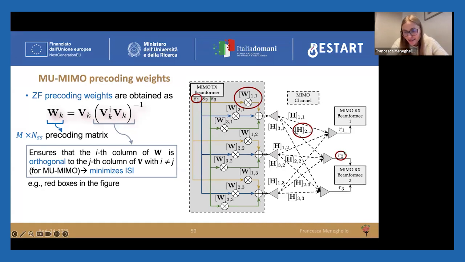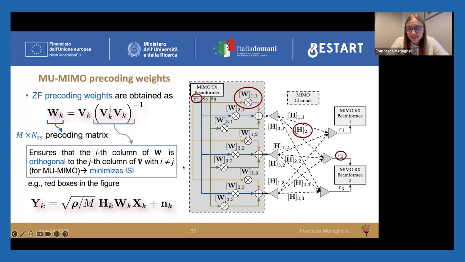So at the end, here R2 will have a minimal contribution from this path. So W11 multiplied by H21 will be almost 0. And this is to reduce the interference that the different streams cause to the other streams that are transmitted simultaneously.